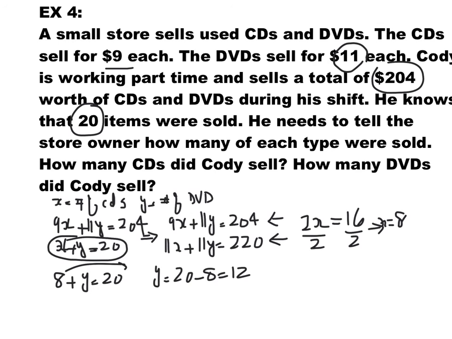So this means that Cody has sold 8 CDs and 12 DVDs. I will leave checking the solution for you. You can check it and you can see that X equal to 8 and Y equal to 12 is the correct answer.